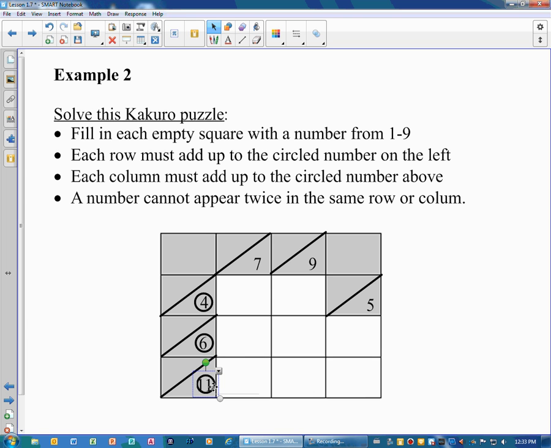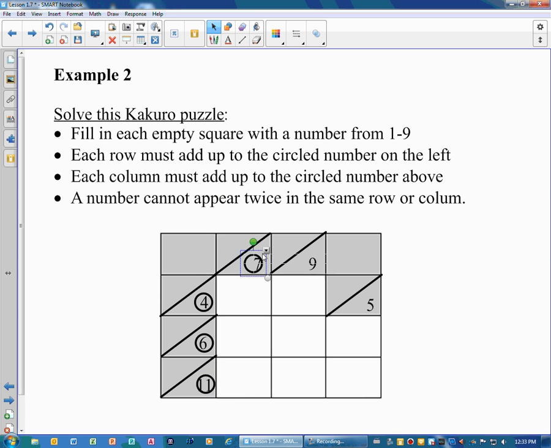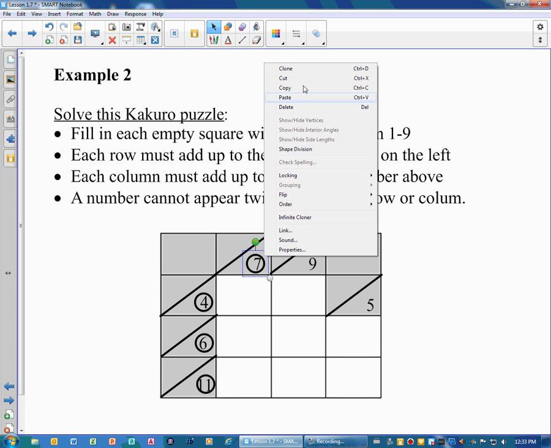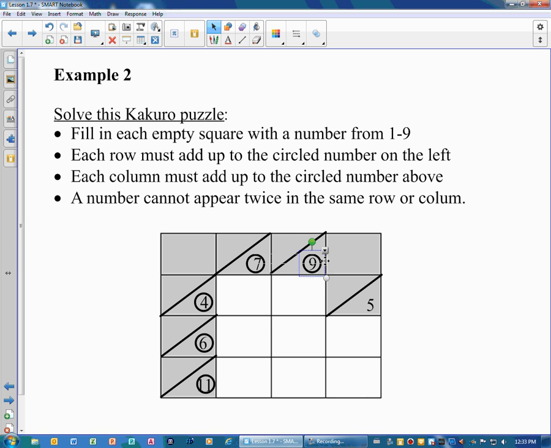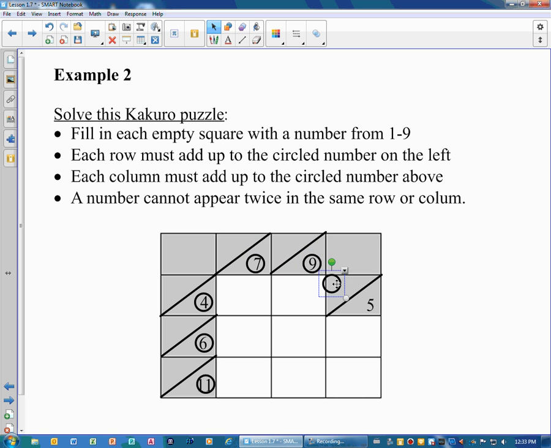I tried to make this one up. Almost there. And 5 in a circle. Okay, so let me see. Hold on, I'm going to lock all that down so I don't accidentally drag them.